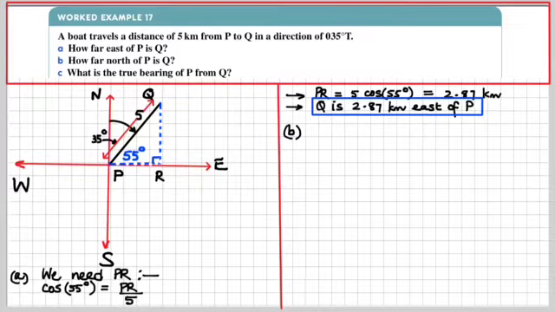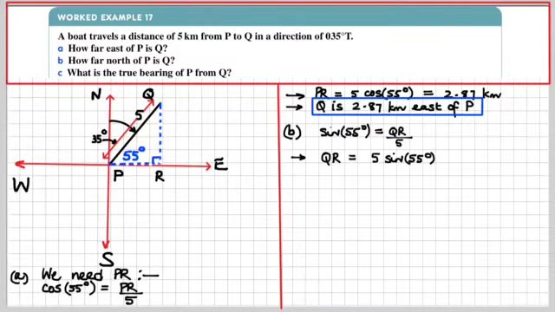Okay? Now, in part B, as I said, we're now interested in the length of RQ, because that's the vertical translation of Q in relation to P. In other words, the northerly translation of Q from P. So therefore, in that same triangle PRQ, we can say that sine 55 on this occasion, because we want this opposite side, is equal to QR over 5, and therefore, similarly as we did up here, we can rearrange that little equation to get that QR is 5 sine 55, which comes to 4.10.